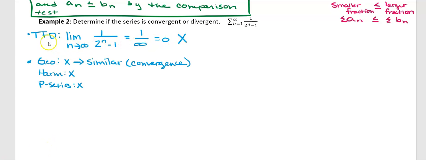So I did a little bit of work already, and I did the beginning tests, and I'm going to talk these through quickly, but basically the test for divergence, if I were to take the limit of 1 over 2 to the n minus 1, I would get 1 over infinity. The denominator is growing since the infinity is in our exponent. It's growing towards infinity, so my limit would equal 0. And we know that cannot happen with the test for divergence, so in this case, the test for divergence doesn't tell us anything.